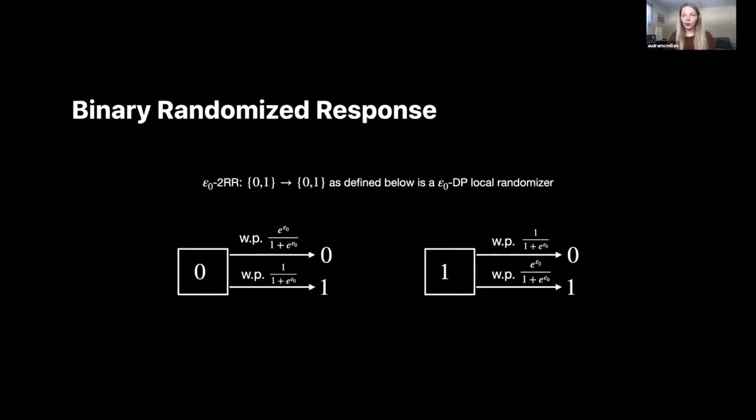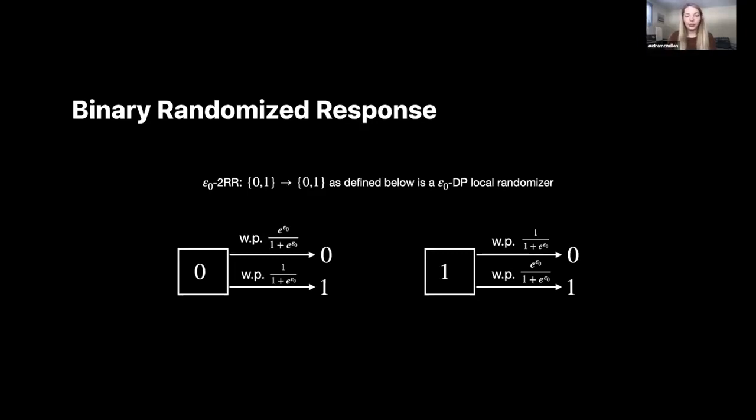All right, so I'm going to introduce now our second differentially private mechanism, which is binary randomized response. Binary randomized response is actually really old. It's much older than differential privacy. I think it first appeared in the 60s as a disclosure method. Okay, but it's quite simple. All it is is a mechanism from {0,1} to {0,1}.